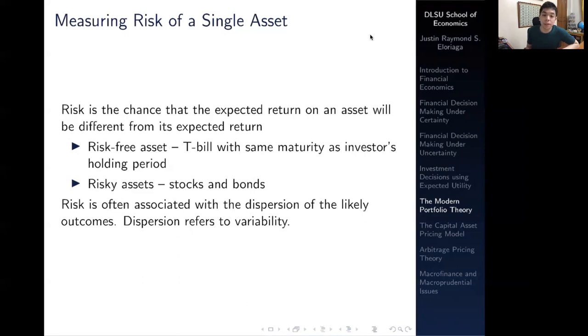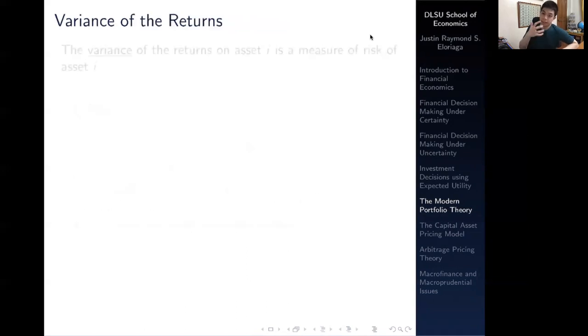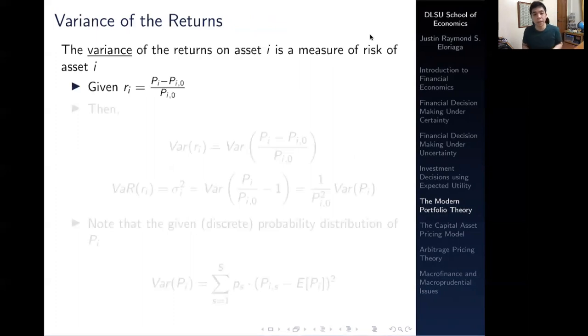And risk is often associated with the dispersion of the likely outcomes, and dispersion refers to a great deal of variability. Since we know that risk has something to do with variability, we also need to talk about the variance of the returns. The variance of the returns on an asset i is a measure of the risk of an asset. The higher the variance, generally the greater the risk. So of course you want a low variance as much as possible.